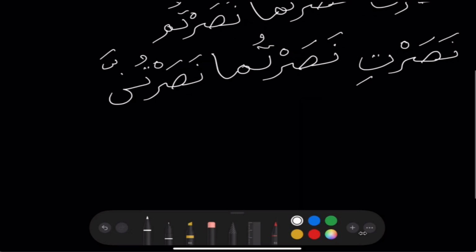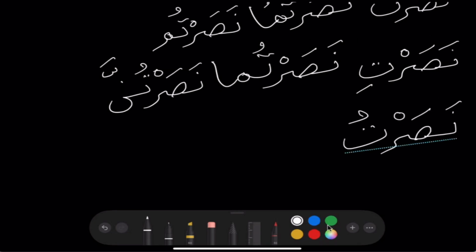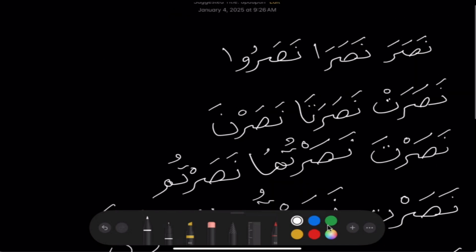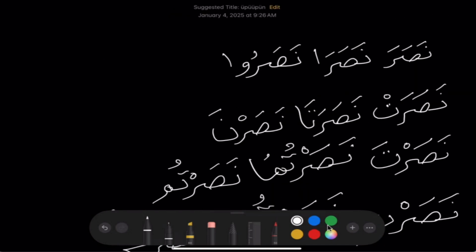Sheikh Raid, yes? Can I ask a question? Oh, 1 second, please. Okay. Nasartu, Nasarna. Yes. So the patterns of these, as if the damir is before them, that's how you know the pattern?